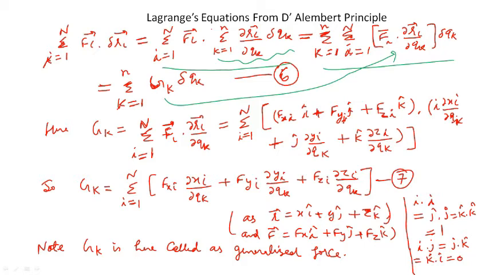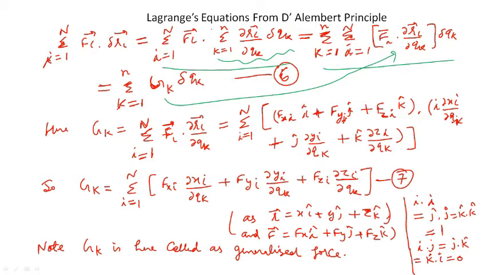So we can write it as sigma i from 1 to capital N Fi. We can write it as Fxi, the x component of the force of the ith particle, into unit vector i, Fyi unit vector j, plus Fzi unit vector k, into del Ri over del Qk.